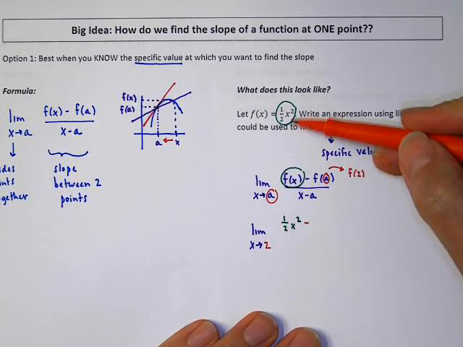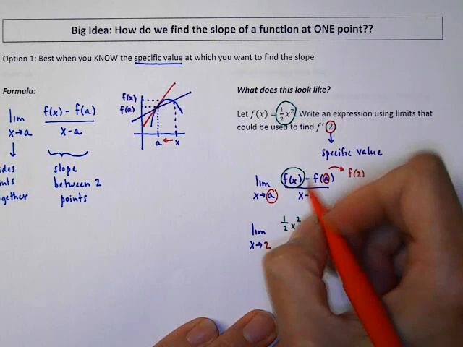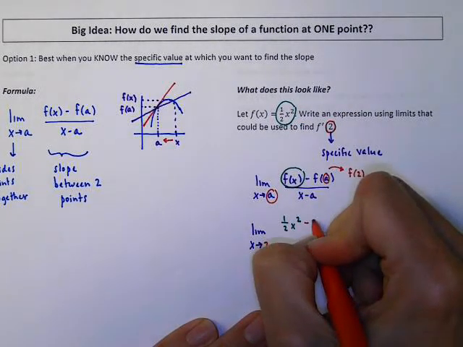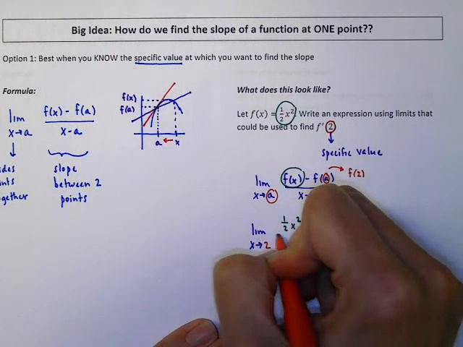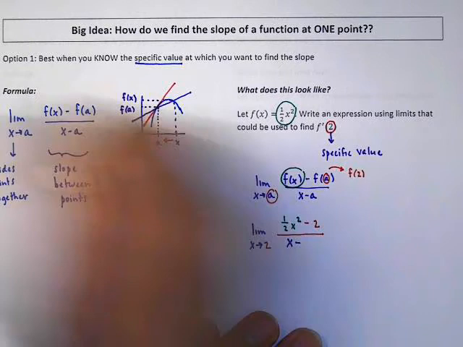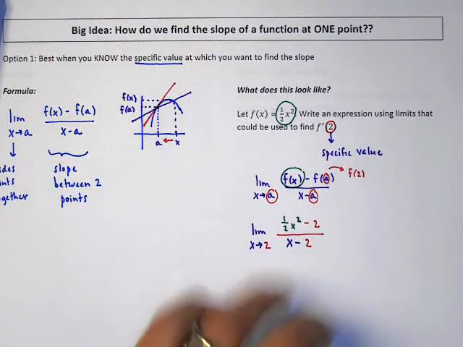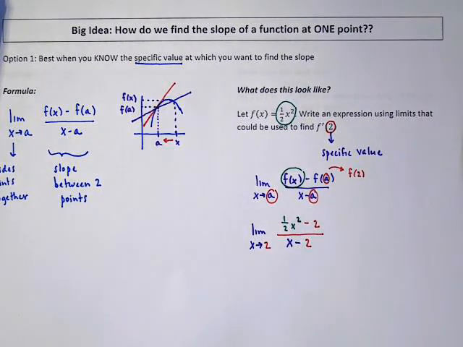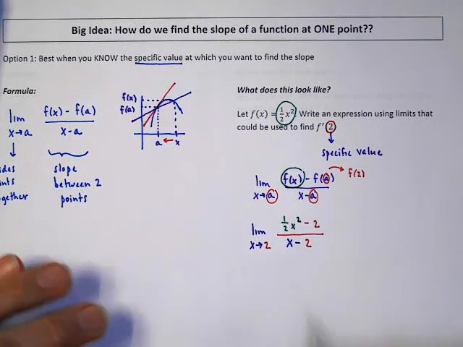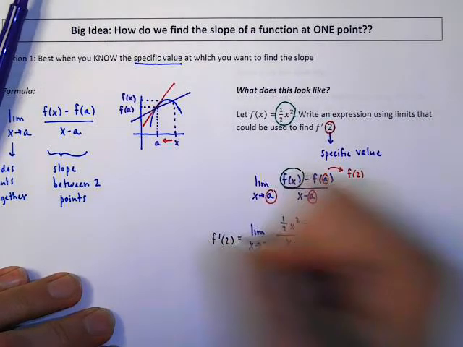If I plug in 2 to my function, 2 squared is 4, divided by 2 is 2. So I get 1/2 x squared minus 2 over x minus, and again, our a value was 2. So this would be an expression using limits that would help us find f prime of 2.